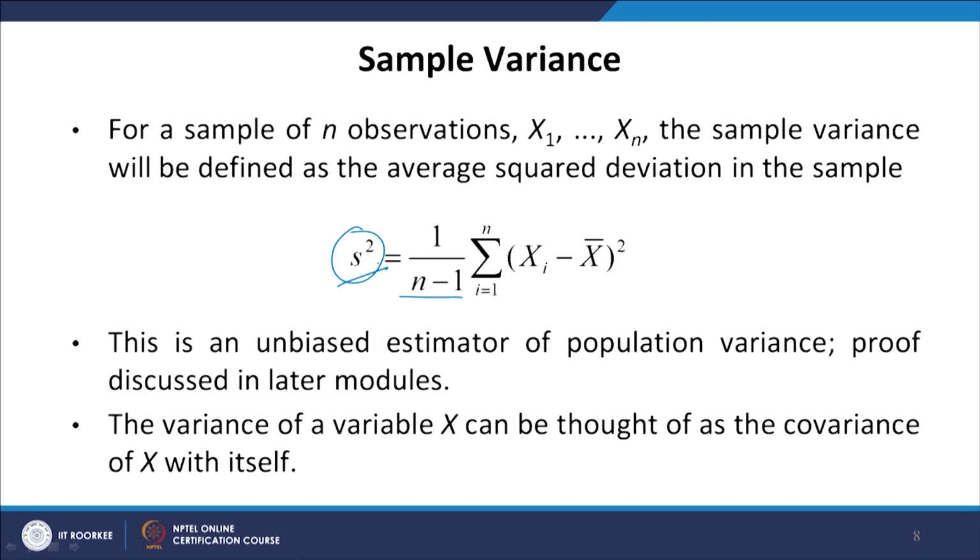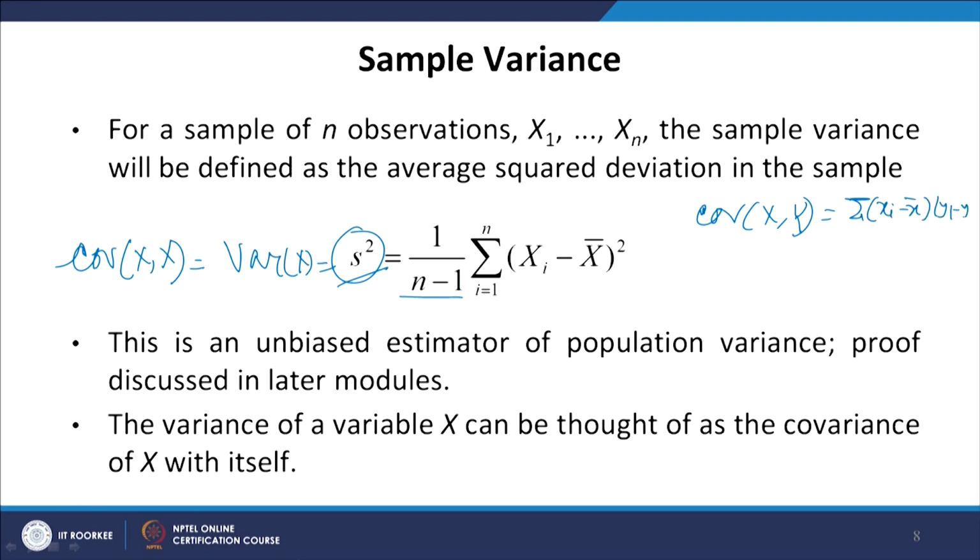The variance of a variable x can be thought of as the covariance of x with itself. So, this is variance of x, which can be written as covariance of x with x itself, right, because when we have covariance of x and y, then this is written as summation x i minus x bar into y i minus y bar.